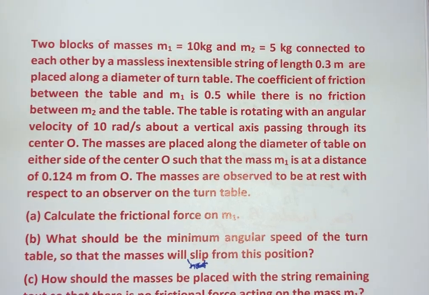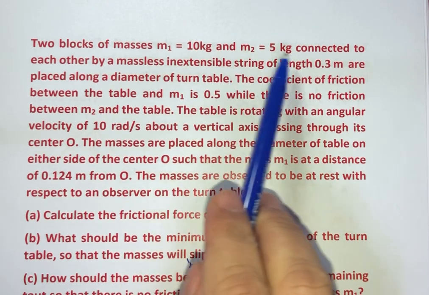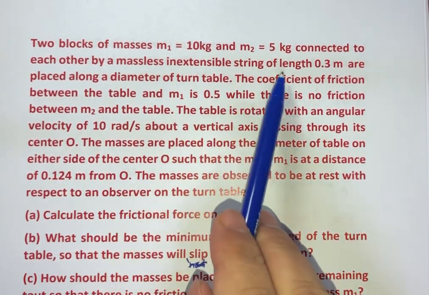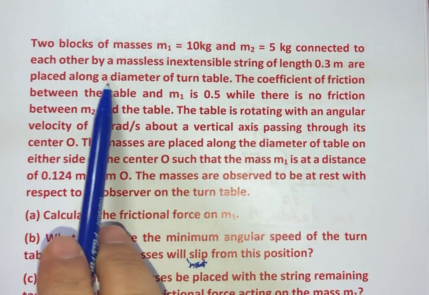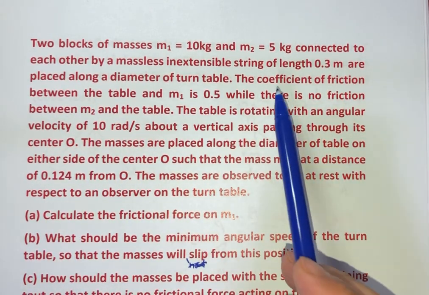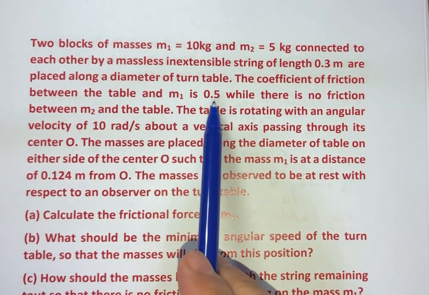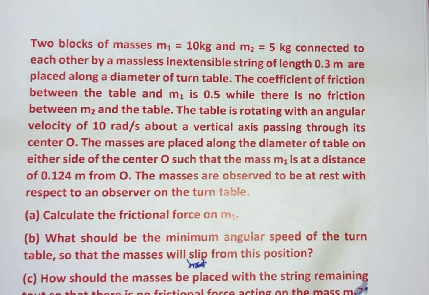Hello friends, in today's question, two blocks of masses m1 and m2 connected to each other by a massless inextensible string of length 0.3 meter are placed along a diameter of a turntable. The coefficient of friction between the table and m1 is 0.5 while there is no friction between m2 and the table.